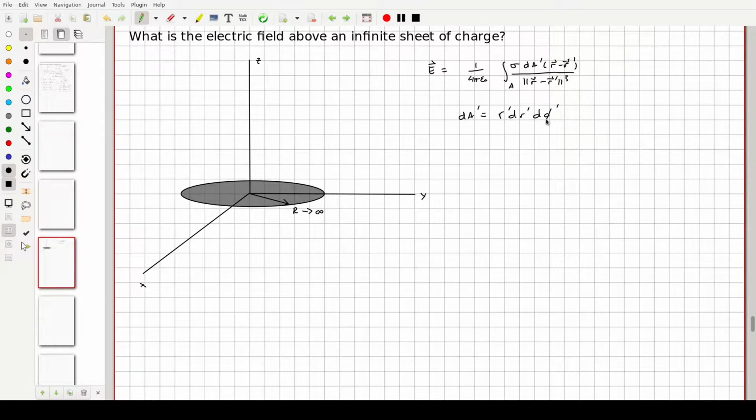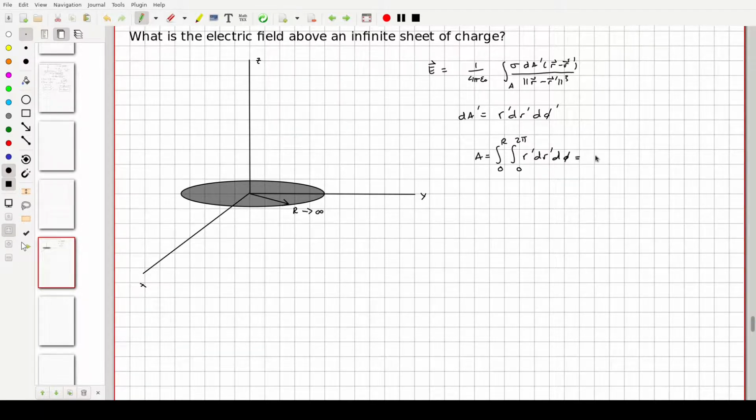Were you to integrate this, just to show you, we'll integrate r from 0 to capital R, and phi from 0 to 2 pi, of r prime dr prime d phi.